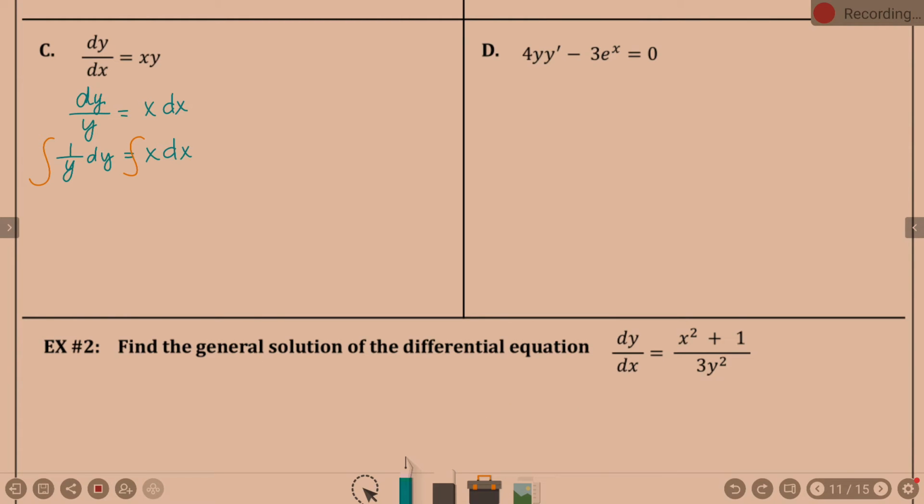And if I were to try and write that with a power, it'd be negative 1 plus 0, and you shouldn't end up with a 0 power. So this is natural log of y now. Yep, throw in those absolute values. Integral of x dx is 1 half x squared. Don't forget the plus c.